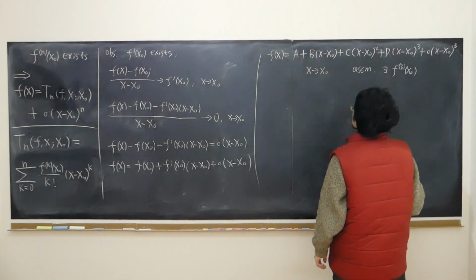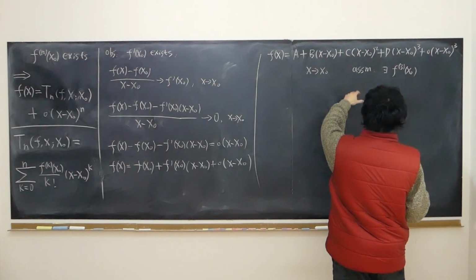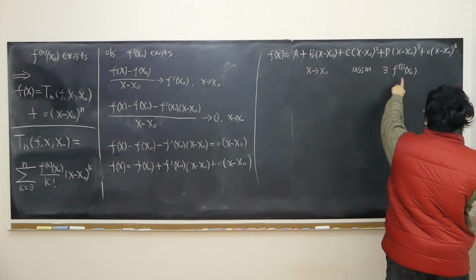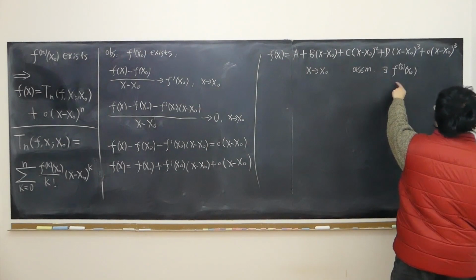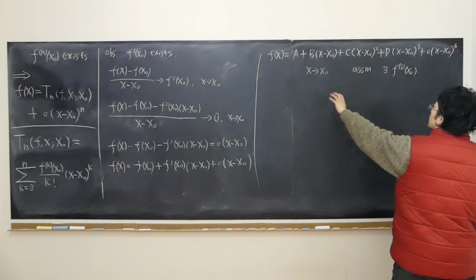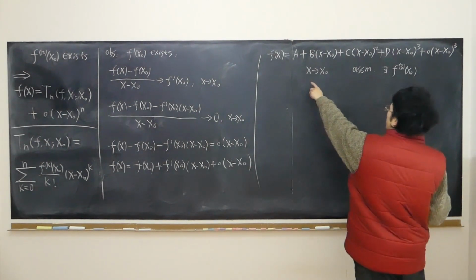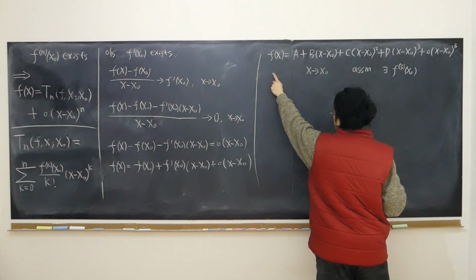That's our assumption. Since the third order derivative exists, the first order derivative has to exist as well at x naught. Therefore, the function has to be continuous at x naught, which means as x approaches x naught, f of x has to approach f of x naught.